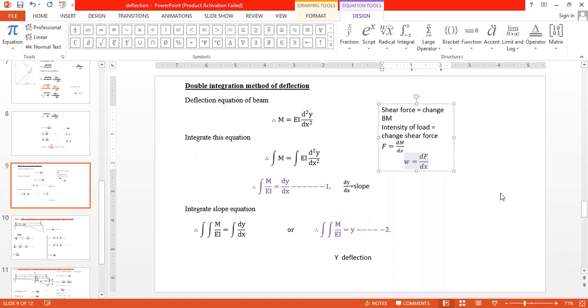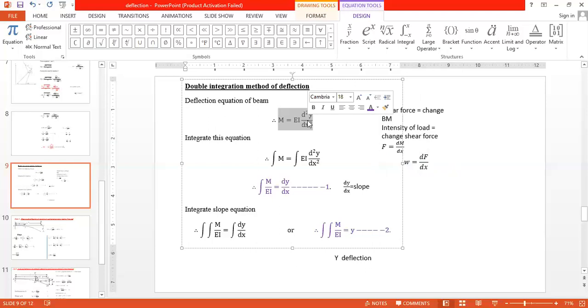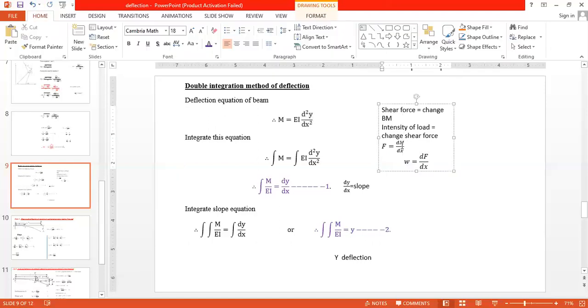Now if you replace this M by this equation, your equation becomes EI d cube y by dx cube.